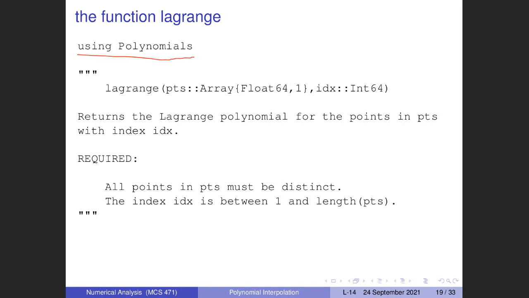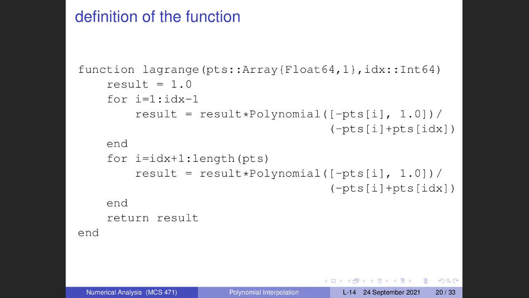So with this function here, that function returns the ith Lagrange polynomial by following the mathematical definition. So we look at the result. So we build up the polynomial each time.